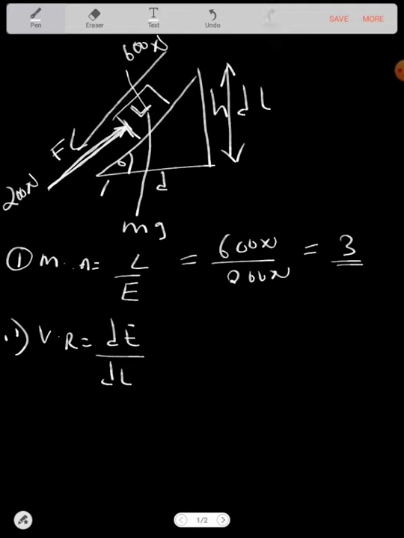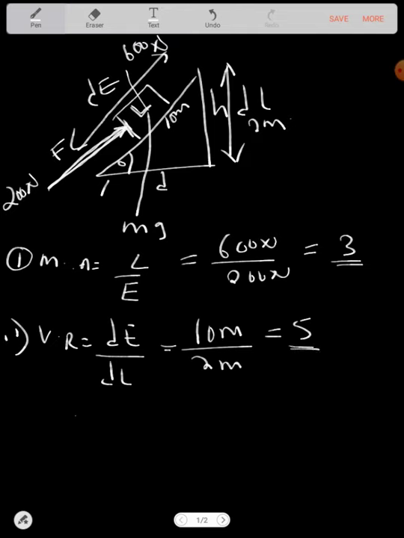They usually give it in the exam. So if the distance moved by the effort is 10 meters, while the distance moved by the load is 2 meters, I will say distance moved by the effort is 10, distance moved by the load is 2 meters. This will give you a velocity ratio of 5.